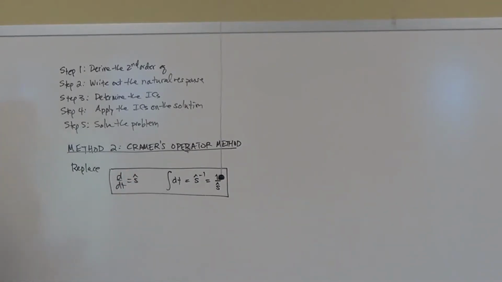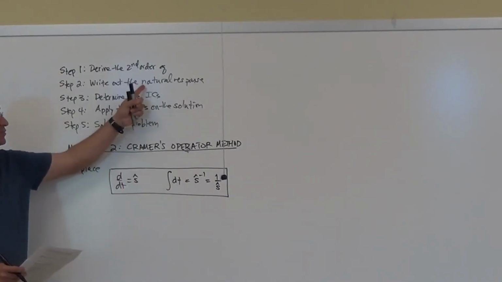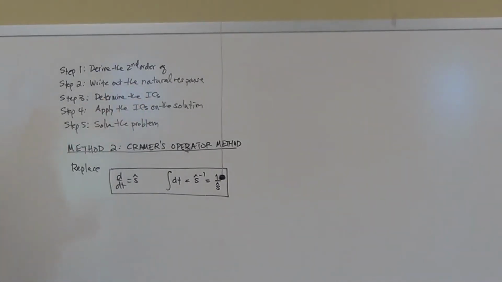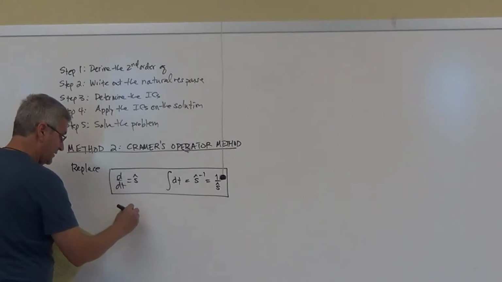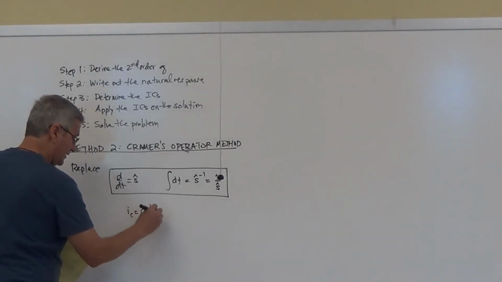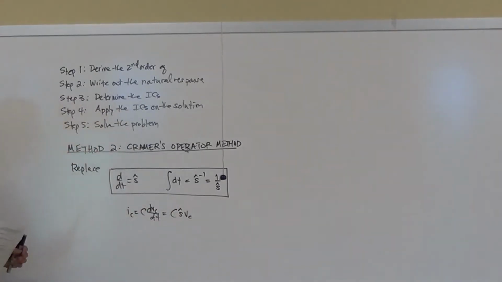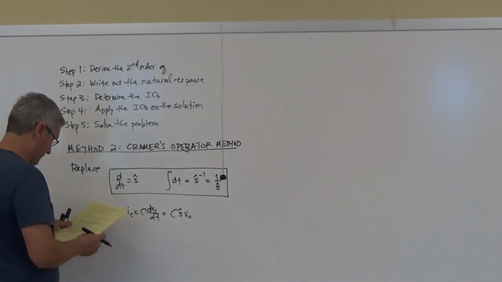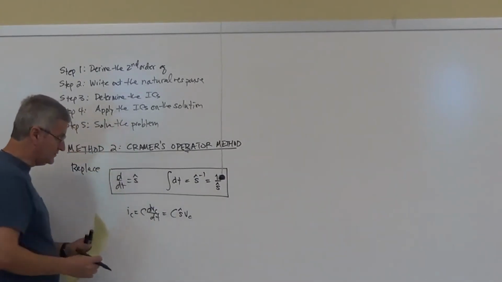The implication is that you're going to see there's a certain determinant that really determines what happens in step 2. So if I change these, you could see that if I'm talking about IC, which is C dV/dt, now it's C s hat VC. And now I just treat s hat as a variable that I can move around and not think about more than that.